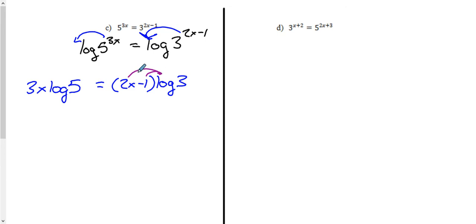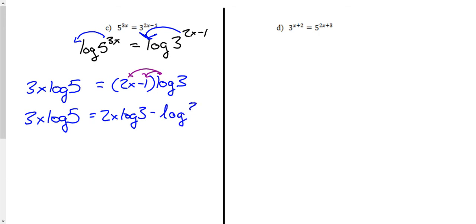So again, I'm just going to quickly rewrite. I have 3x log of 5 here on the left, and nothing has happened there, is equal to 2x log of 3 minus log of 3, because negative 1 times log 3 is just negative 1 log 3.